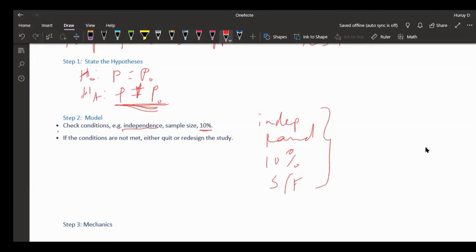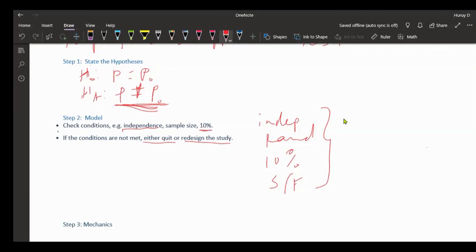So we have to check if all these are satisfied. Otherwise, we cannot test the hypothesis if these are not satisfied, or if we are not confident about these conditions. Therefore, always check the conditions before you go and do the work. So if the conditions are not met, either you have to quit or redesign your study.